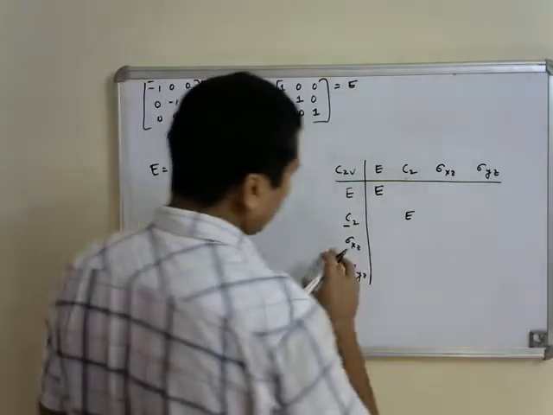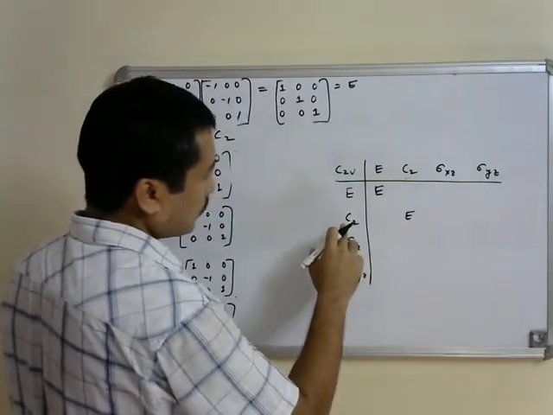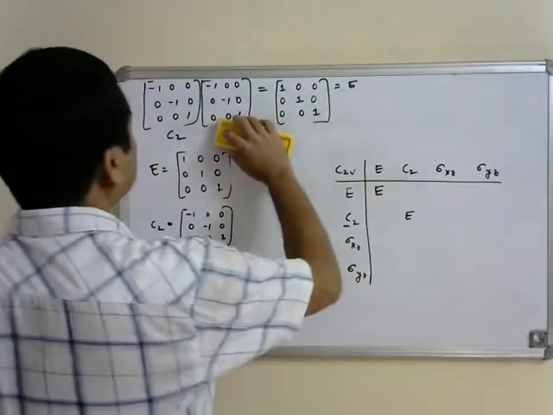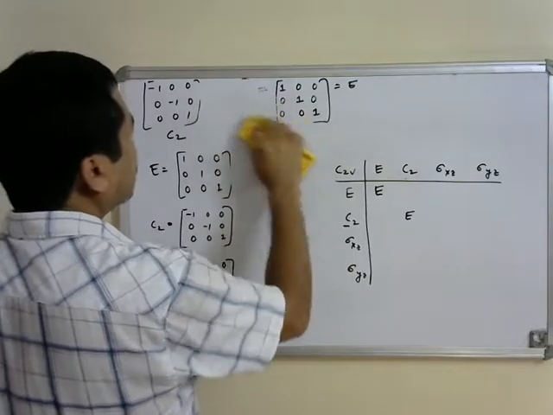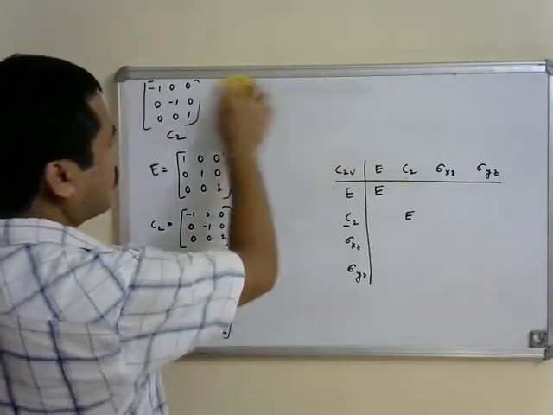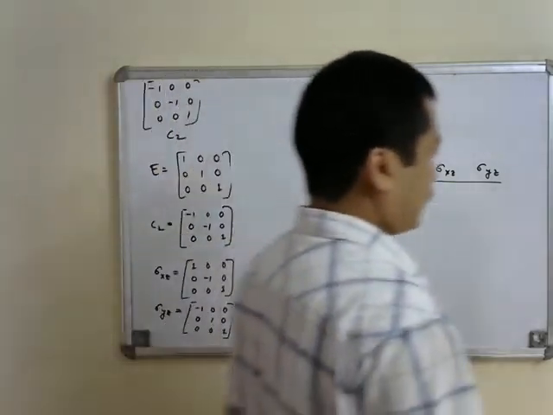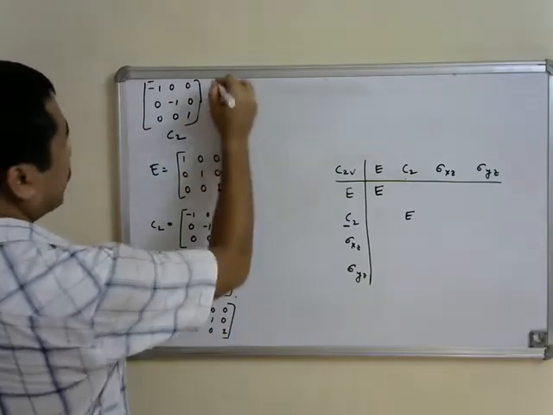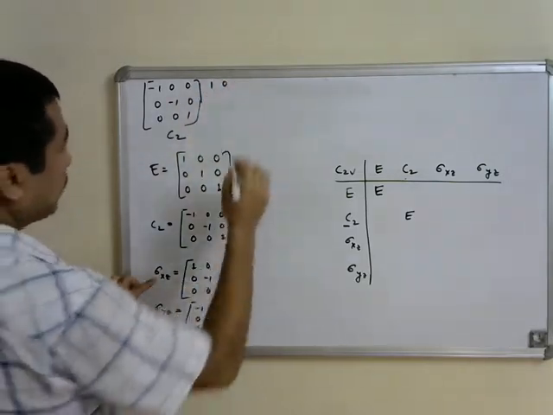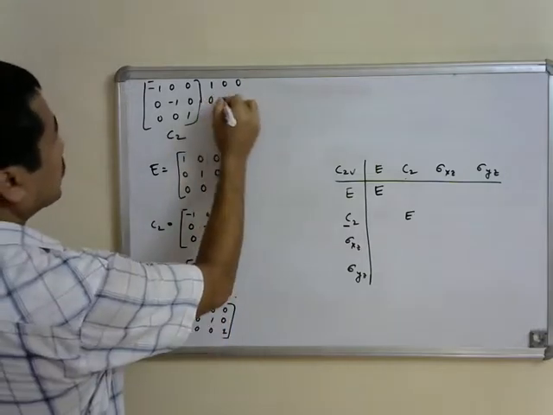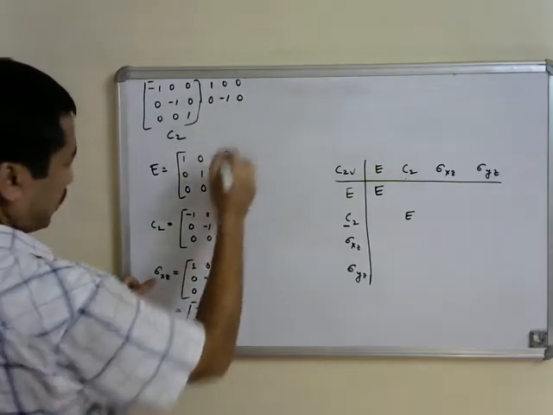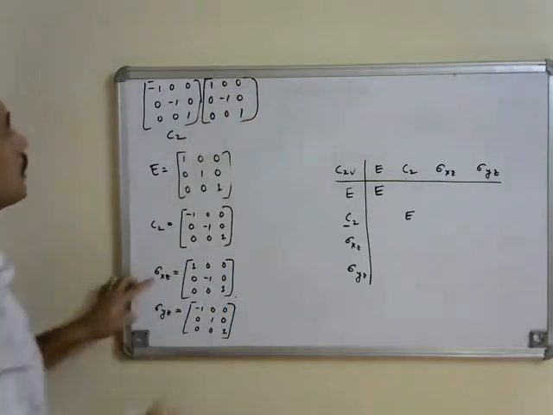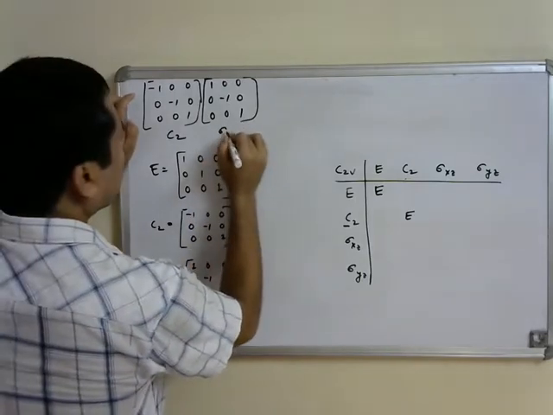Similarly, we can find out the product of C2 with sigma xz. Let's do that as well. The matrix representation for sigma xz is this: 1 0 0, 0 -1 0, 0 0 1.